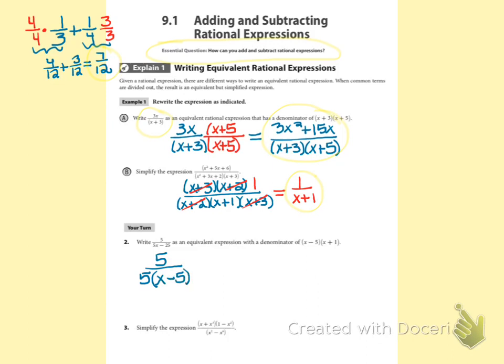And then because we actually have a 5 on the top and on the bottom, we could cancel that 5 out of the top and the bottom, leaving me with 1 over x minus 5. And that should make things much easier for you as you try to get that denominator now of x minus 5 times x plus 1. So go ahead and continue that one, and then you can tune back in to check the final answer.